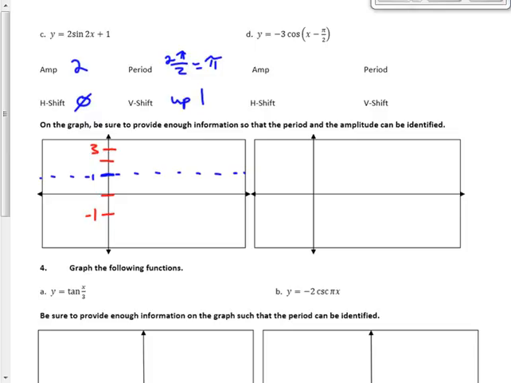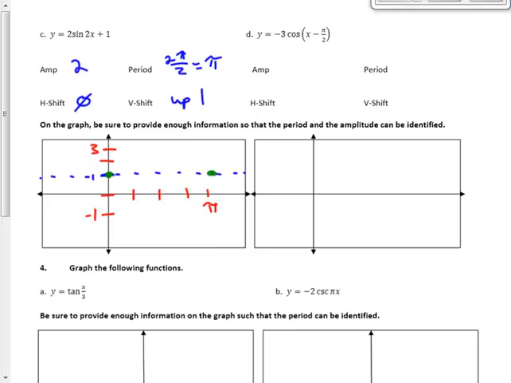It's a sine graph. It has a period of pi. So I'm filling all my places here. The sine graph starts at the origin, but I took that origin point and moved it up 1, and so my sine graph is going to start here, which means that it's also going to end there.